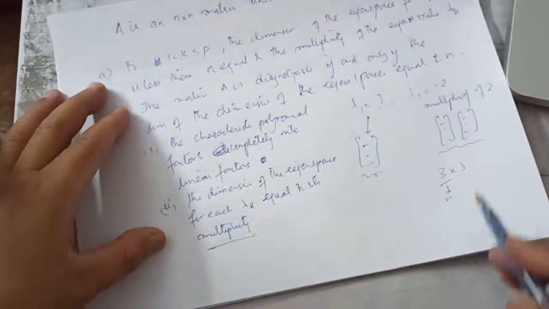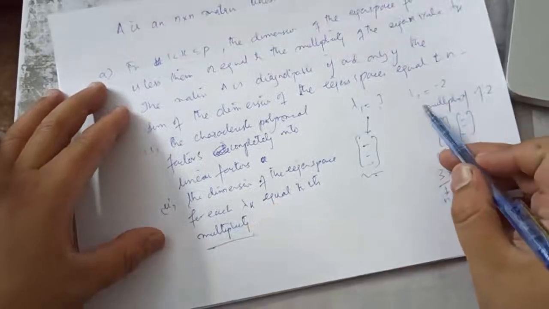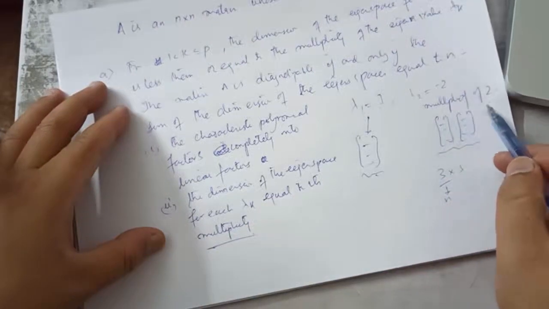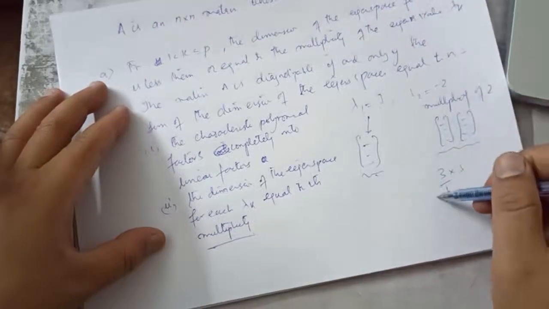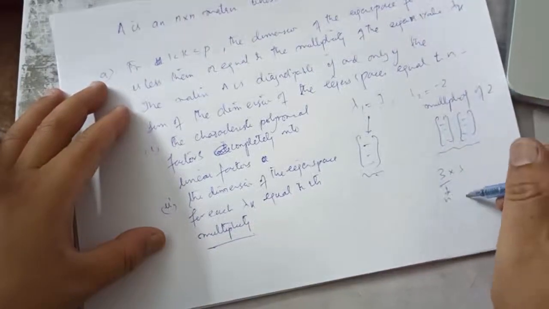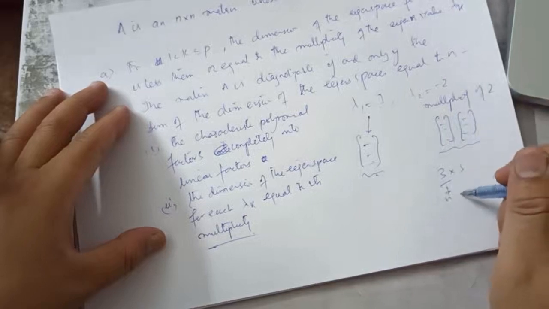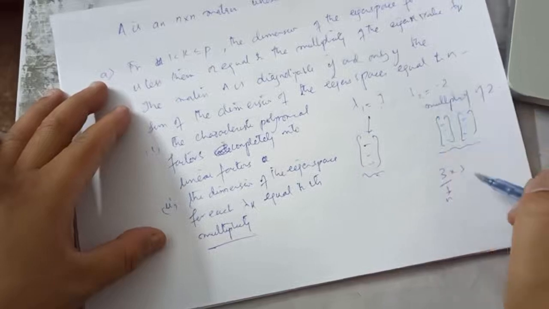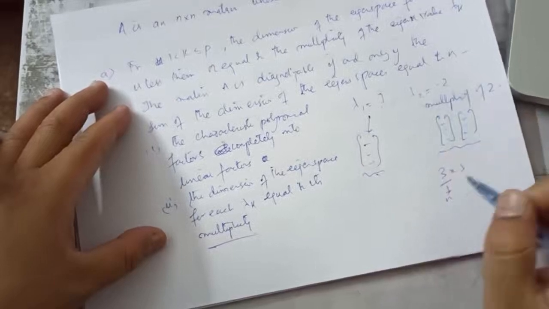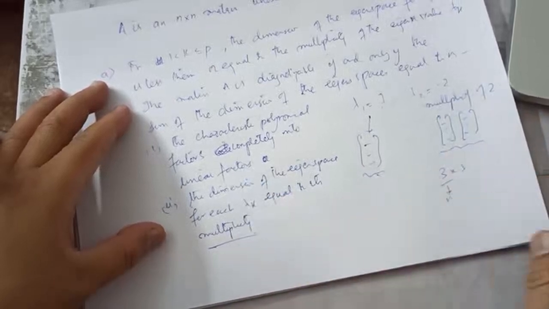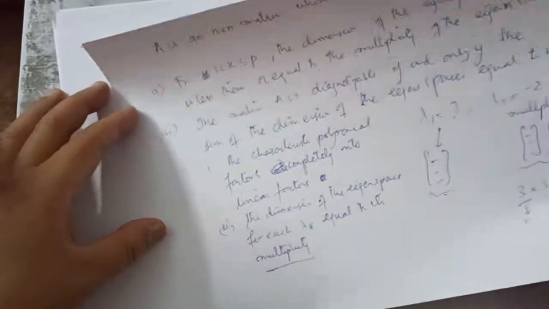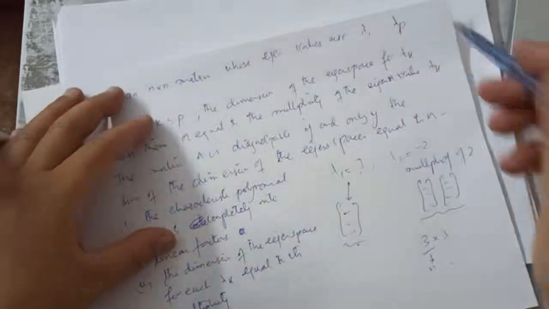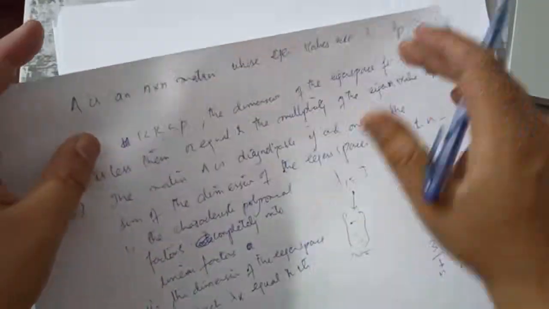So we are saying that in this example, lambda 2 was minus 2 and its multiplicity was 2, it has now got two eigenvectors, or the dimension of this subspace corresponding to lambda 2 equals minus 2 is actually 2. So these two things are important for a matrix to be diagonalizable, right?